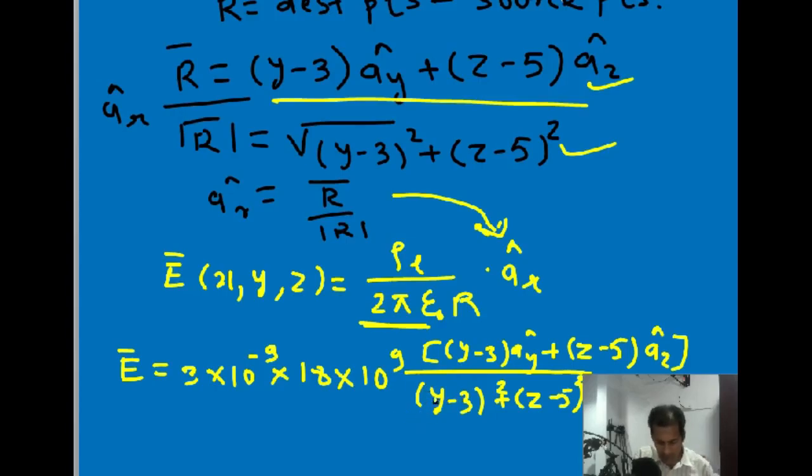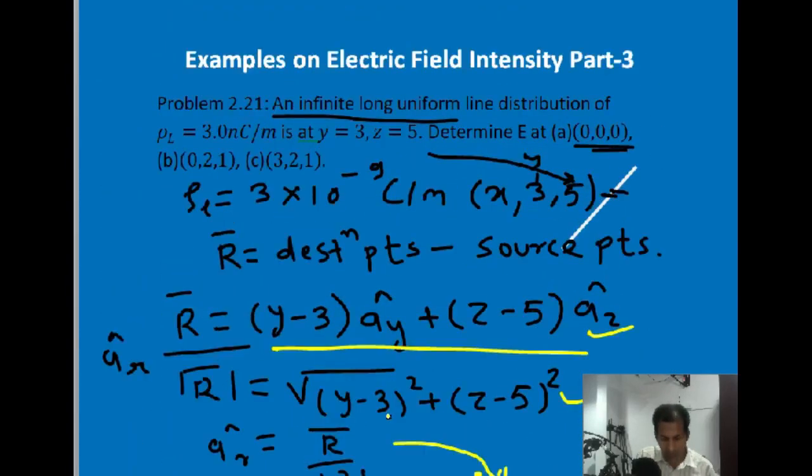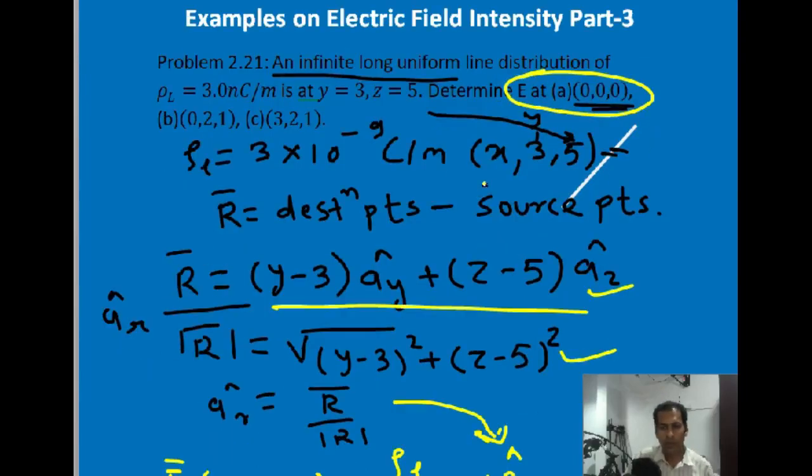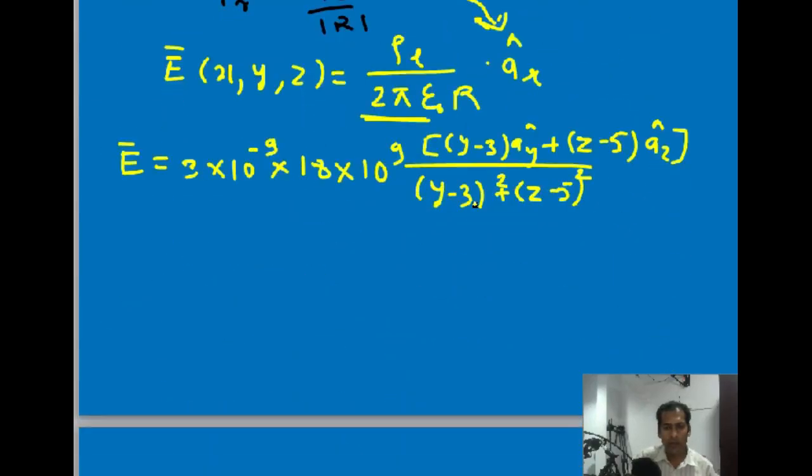Now same expression, what we have to do, we will consider the cases given in example. The first case is, we have to find out electric field intensity at 0, 0, 0. That means we have to calculate electric field intensity at origin, where coordinates are 0, 0, 0.